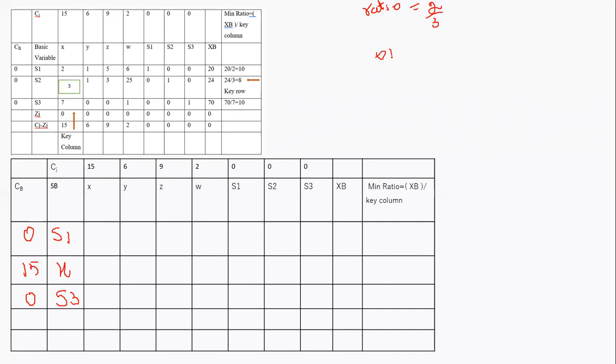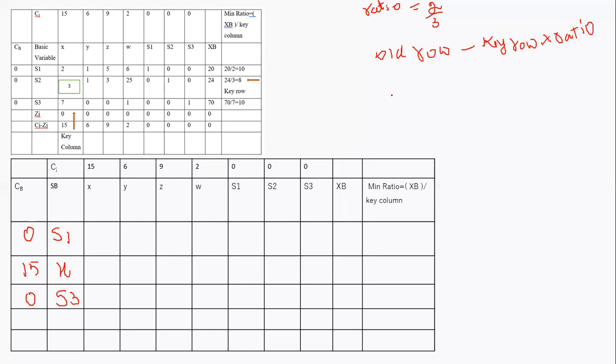Old row means the number which I want to make 0. Old row minus key row, corresponding number in the key row, and then this should be multiplied with the ratio. This is the simple formula which we use to make the number 2 equal to 0.